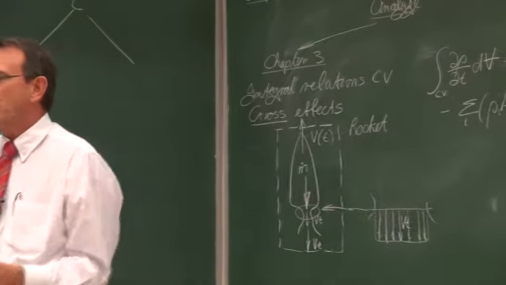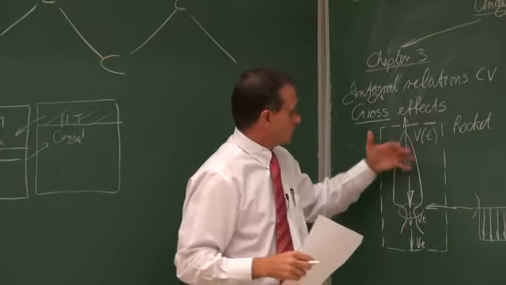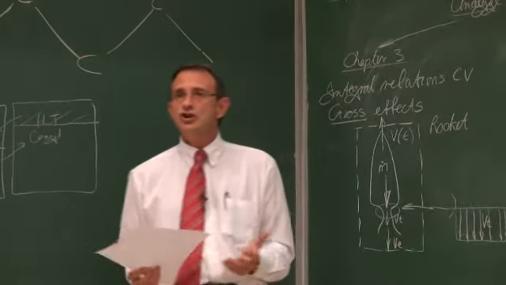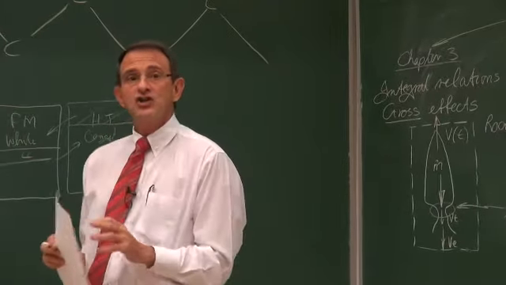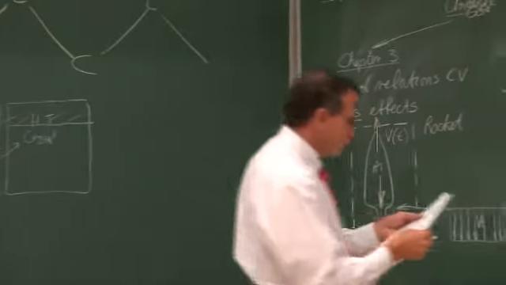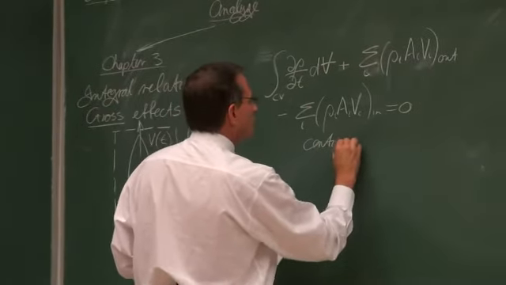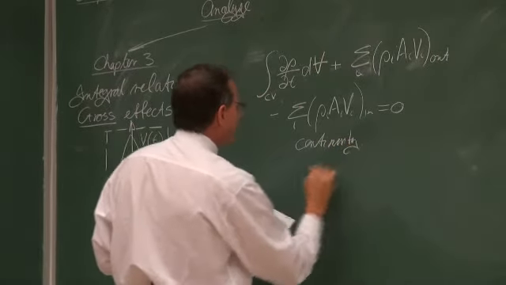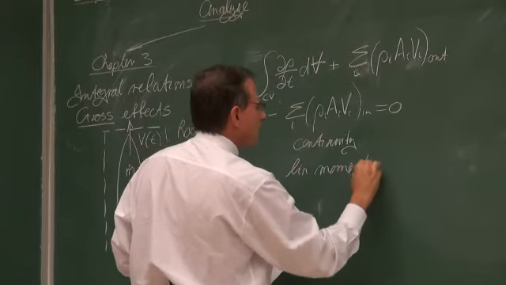So that is the typical equation that you could use if you want to solve something by use of the continuity equation. In many cases, the continuity equation on its own is not enough. You also had to use not only the continuity equation, but also the linear momentum equation.